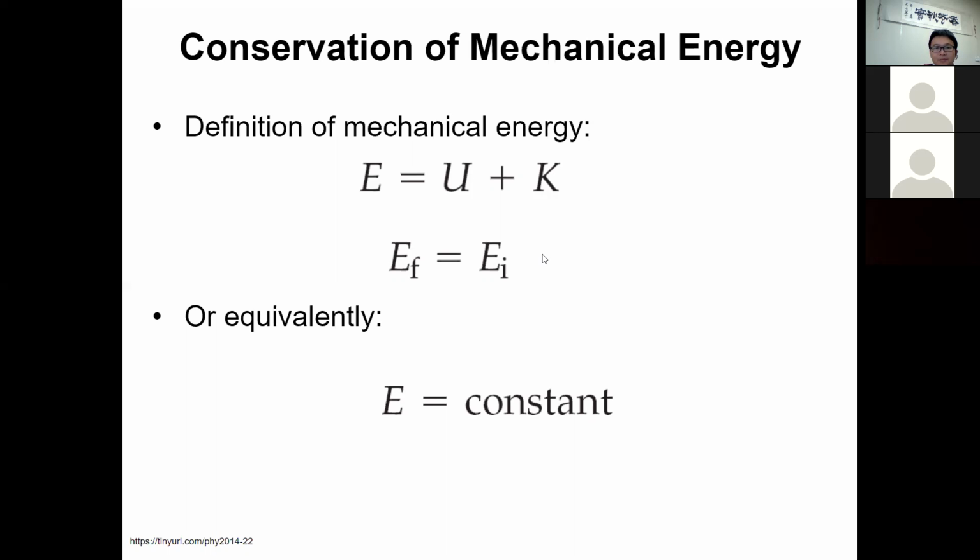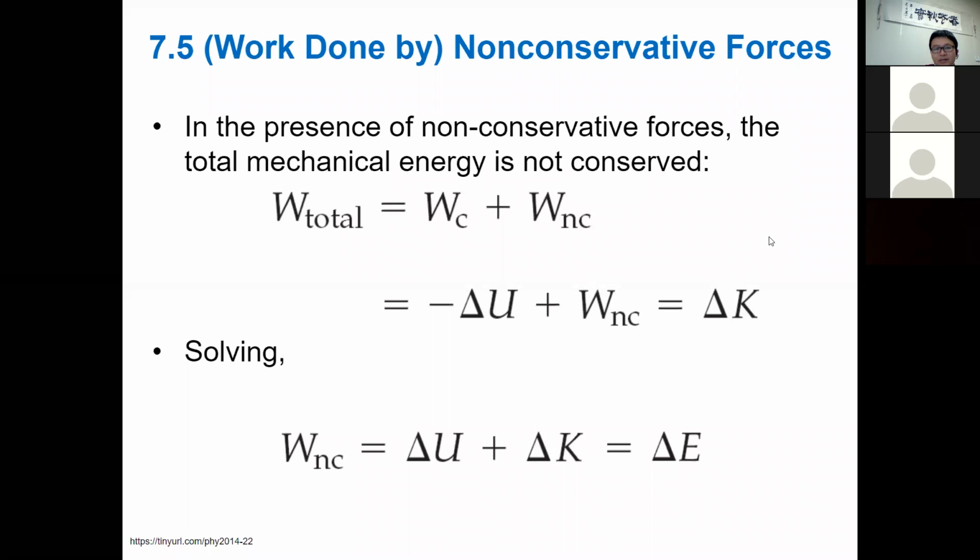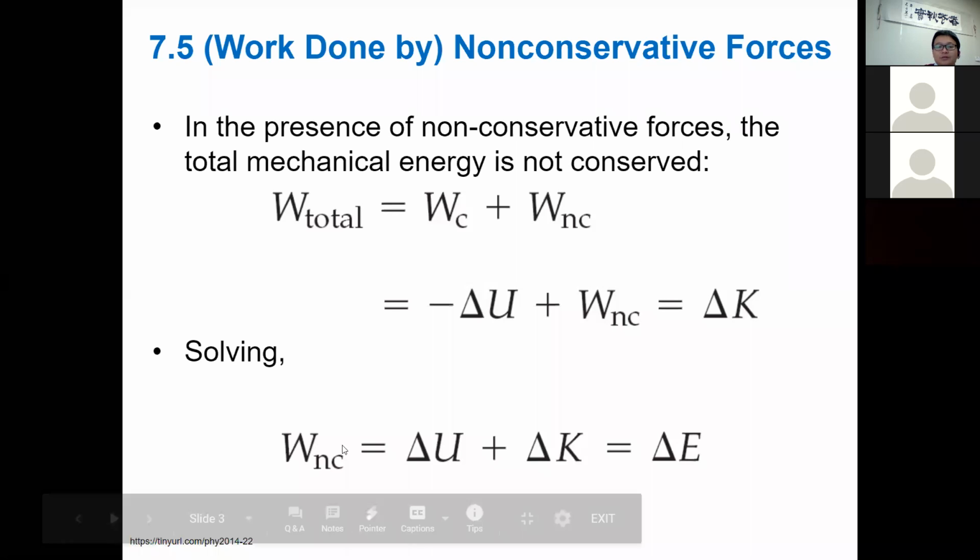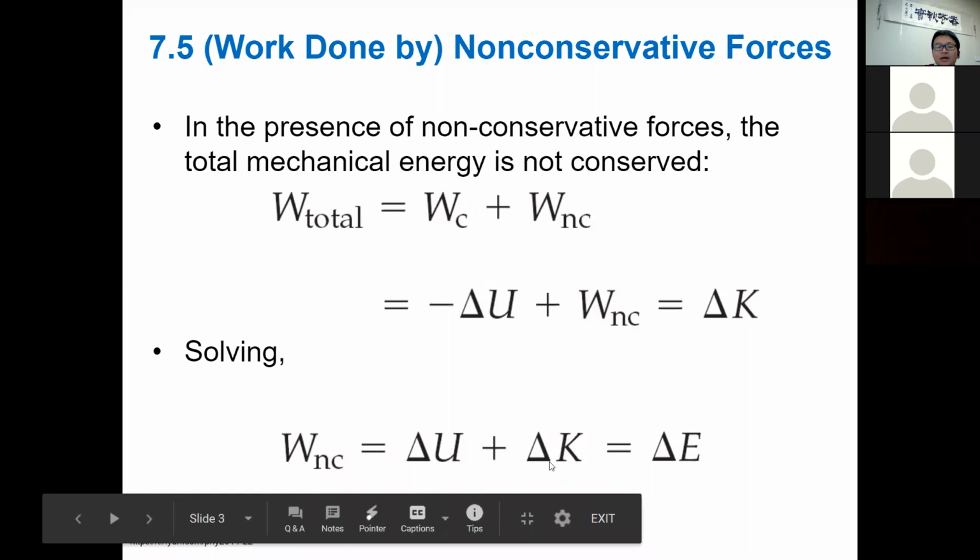We also learned earlier, in last lecture, or if not, then the previous lecture, that in general, you will have both conservative force and non-conservative forces doing work at the same time. When that happens, the work done by non-conservative force is equal to the change of the mechanical energy, meaning change in potential energy plus change in kinetic energy.